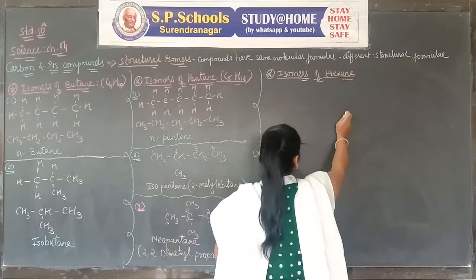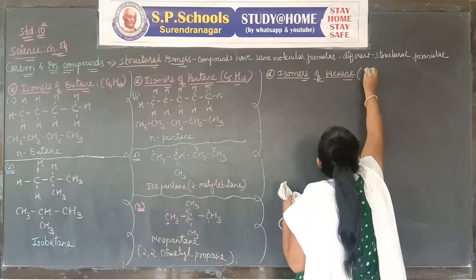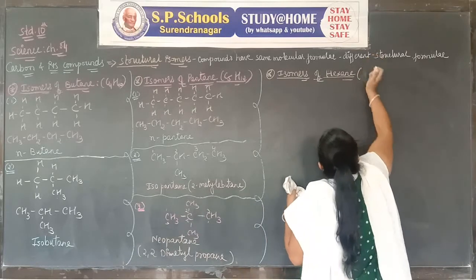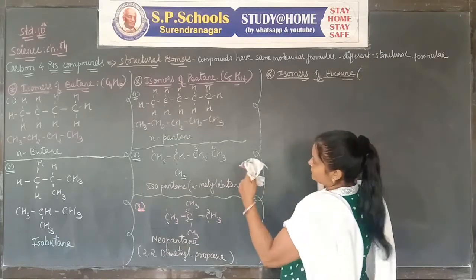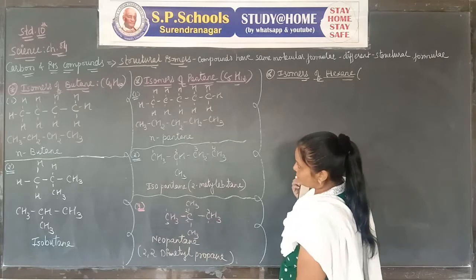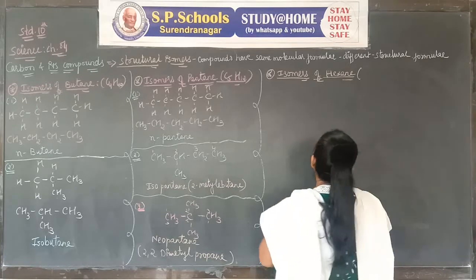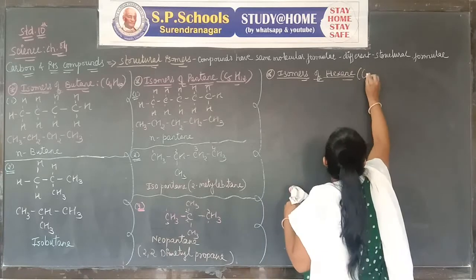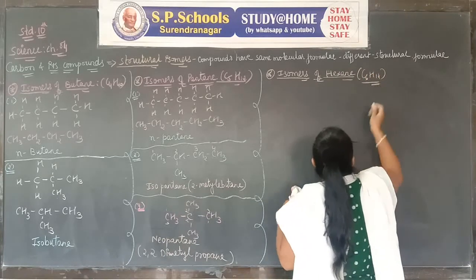In case of hexane, the common formula: if C4H10 is butane and C5H12 is pentane, so C6H14 will be hexane.